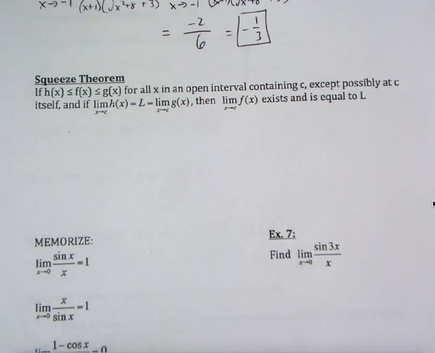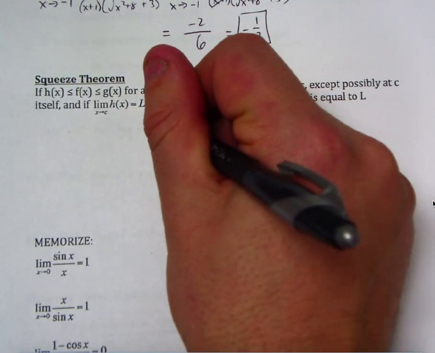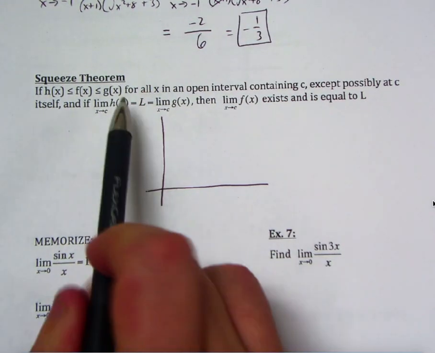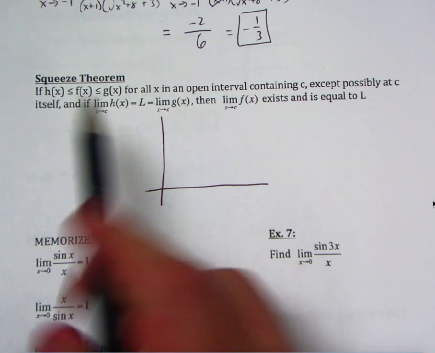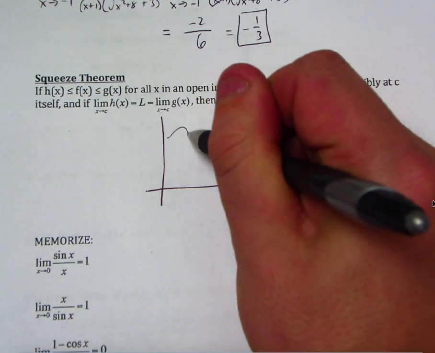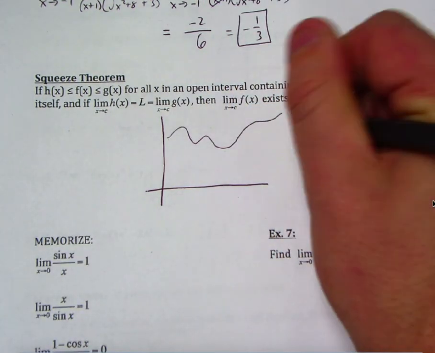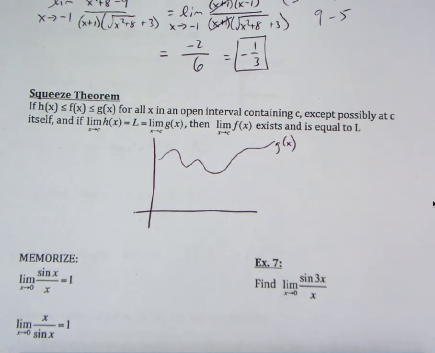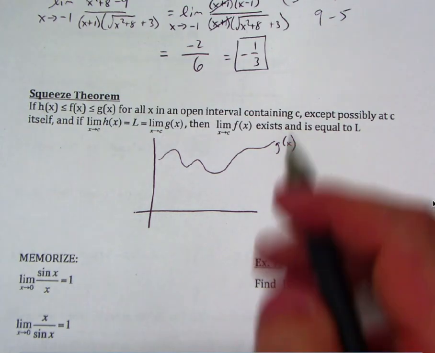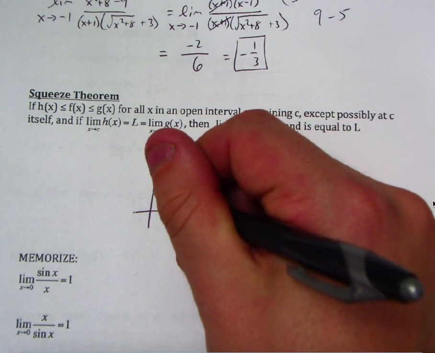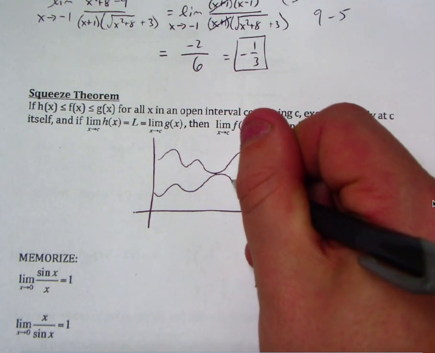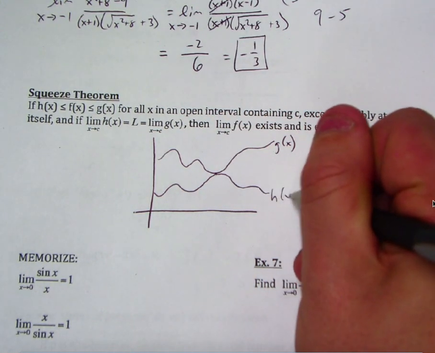Now here's what this says. I want you to see this graphically and what it means. So we have some function g that's always greater than the other two. We have some function up here, g of x. That's your uppermost function. And then we have some function h that is always below g. It could touch g, and that's h.